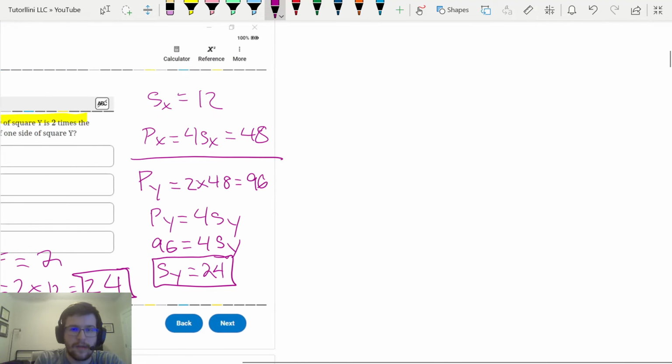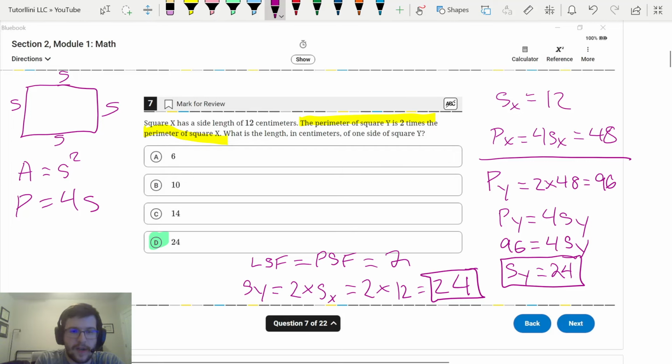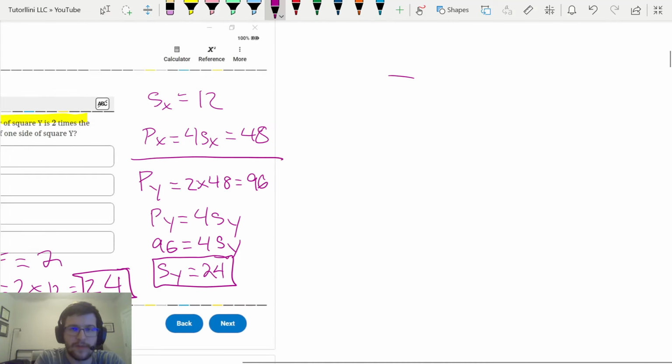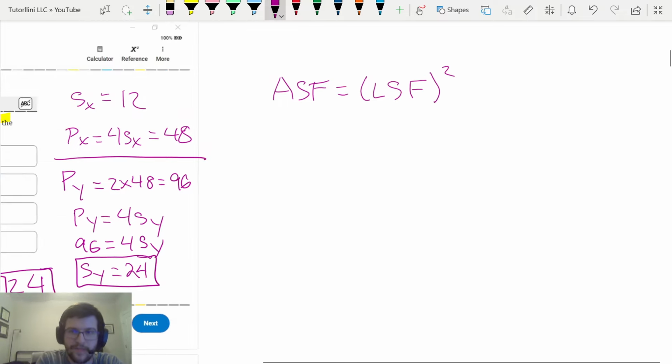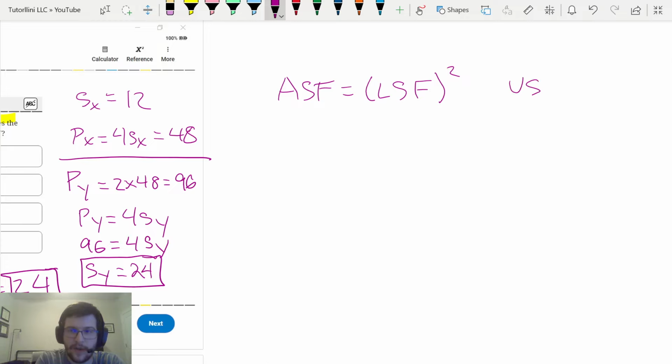So maybe we'll talk about this more another time or later in the video. I talked about this in one of the previous ones. So the area scale factor is equal to the linear scale factor squared. And then the volume scale factor is equal to the linear scale factor cubed.